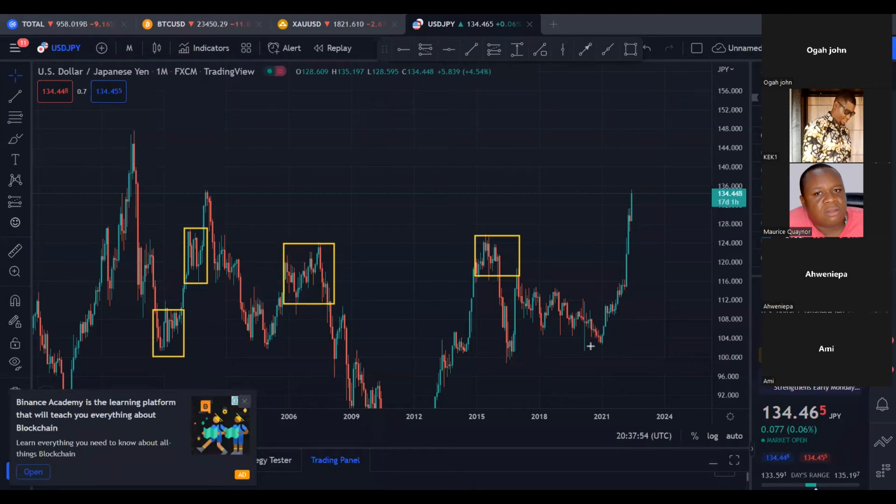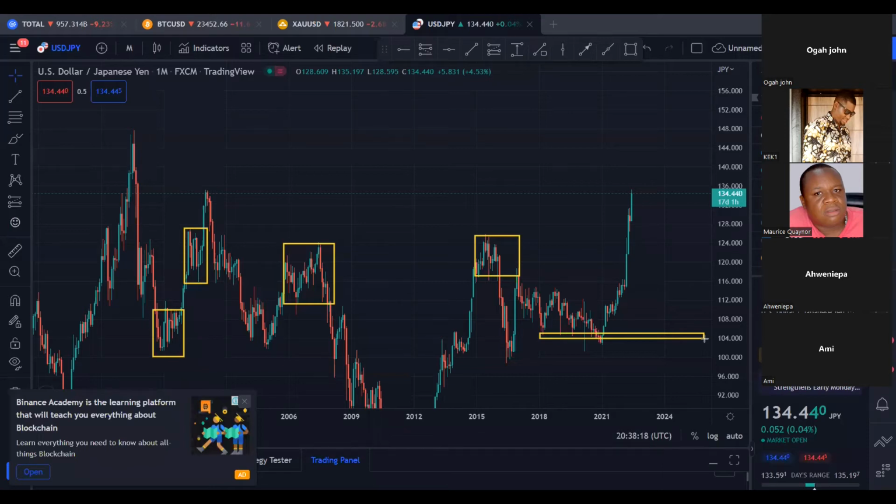You realize that this one has more or less an ascending consolidation. So risk takers would have actually taken advantage, and those who understand the law of demand and supply will take this advantage at this level here.